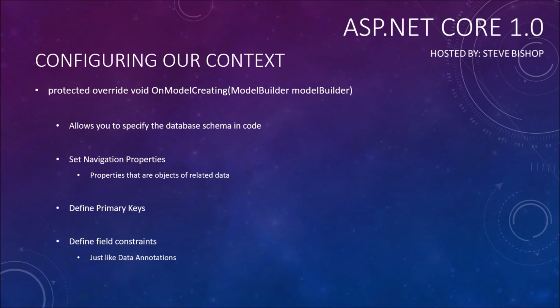And these are just like the data annotations that we did in an earlier video where we added the attributes to the properties of our model classes, but we can actually define these same type of constraints on our properties using the OnModelCreating method. So let's go ahead and hop into our Visual Studio window and take a look at our AdventureWorks database context.